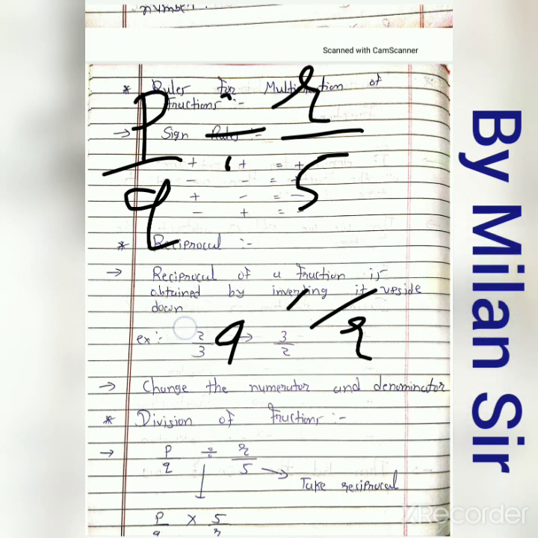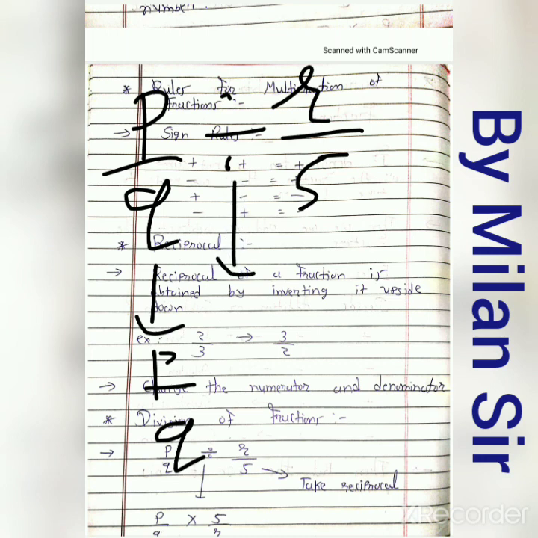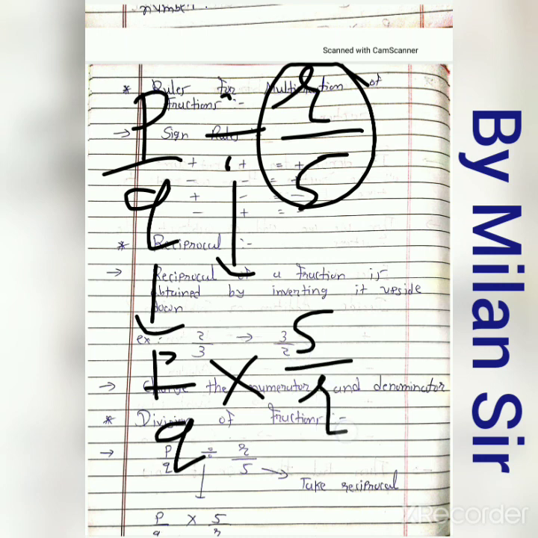Right? What we need to do is keep p by q as it is. If we do not want to do the division process, in place of division just write a multiplication sign and take the inverse of your second number r by s, so the reciprocal is s by r, right?